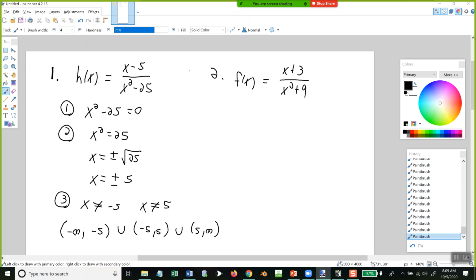Okay, so step one, set your denominator equal to 0, then solve. Again, this is square root property because the middle term is missing. So I take 9 over, it becomes a negative 9. Square root property, we drop our squared, we put a plus or minus square root on the other side.